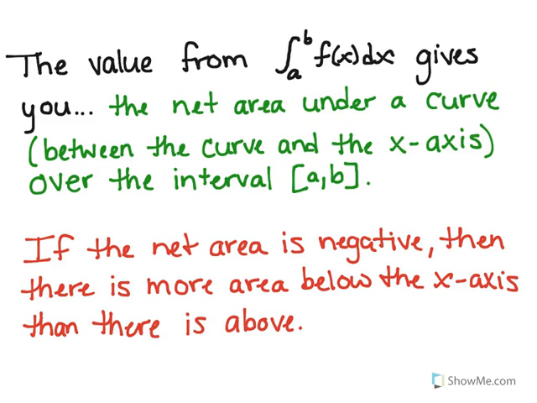And therefore the opposite is also true. If the net area is positive, then there's more area above the x-axis than there is below.